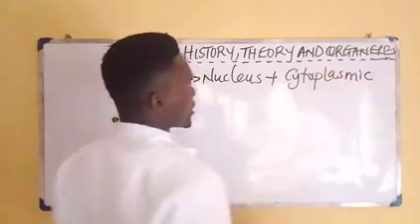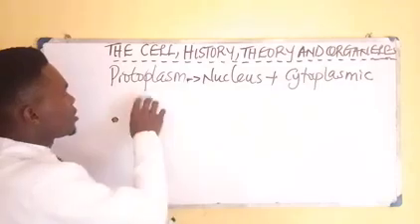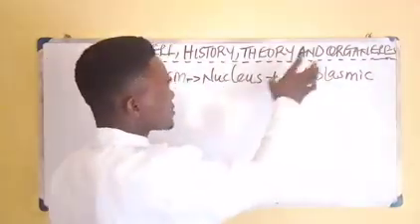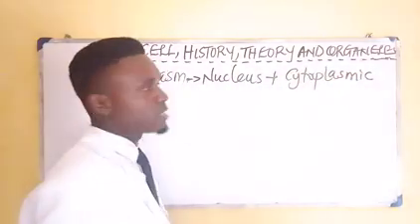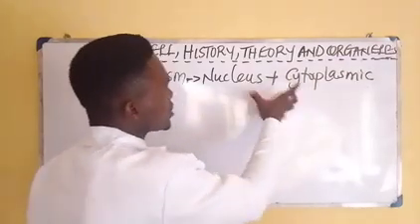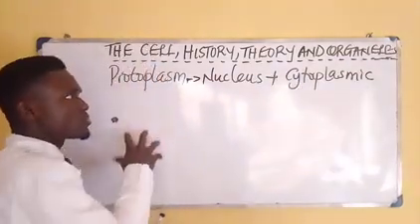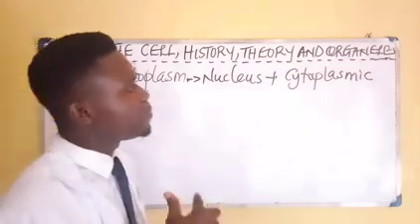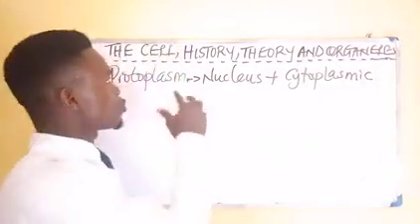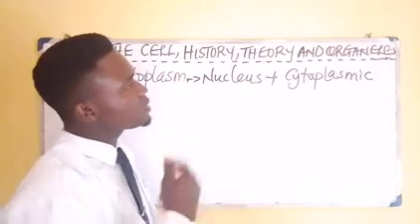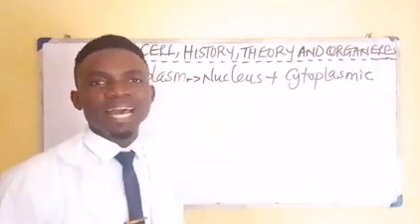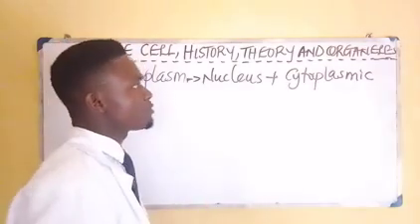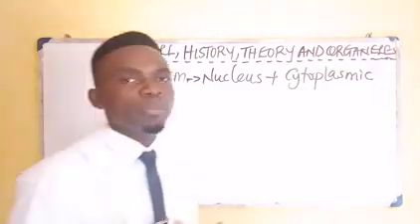Meaning that the protoplasm comprises two parts, the nucleus and the cytoplasm. Do you understand? So the nucleus and the cytoplasm will give birth to the protoplasm. So the cell is the fundamental, structural, basic unit of the protoplasm, which is made of nucleus and cytoplasmic materials.